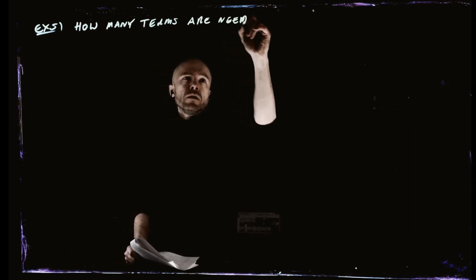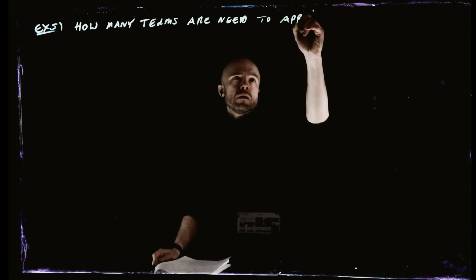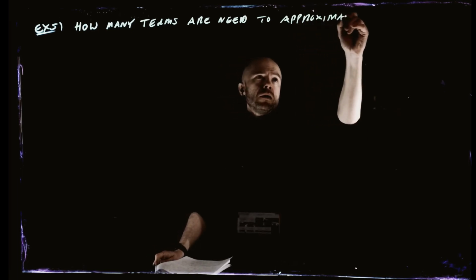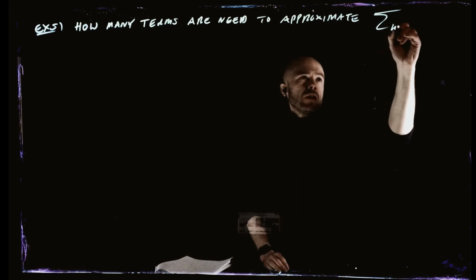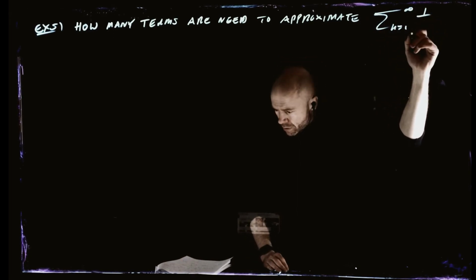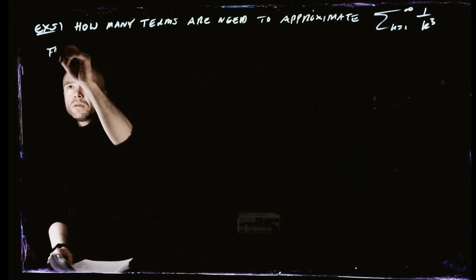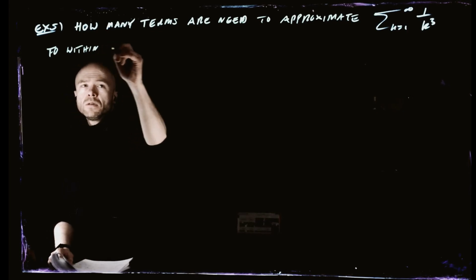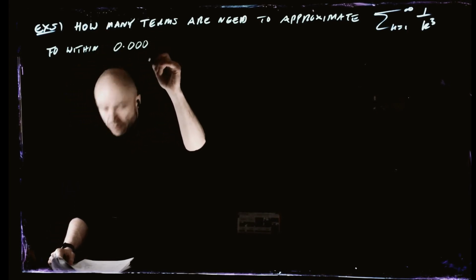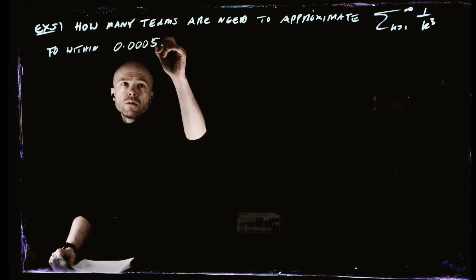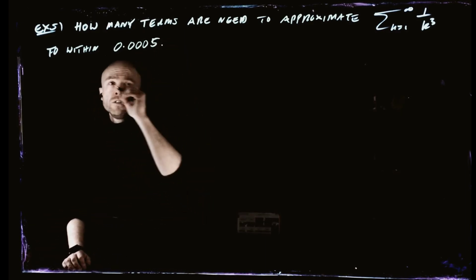How many terms are needed to approximate this infinite series, the sum from k equals 1 to infinity of 1 over k to the 3, to within 0.0005? Okay. Solution.